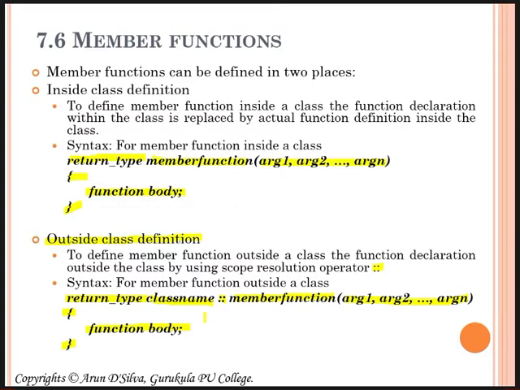For example, to read the data, read data or get data, the same function name can be used. And the membership label will resolve their scope. Now this member function belongs to which class? That class name will be there, so the ambiguity goes off.